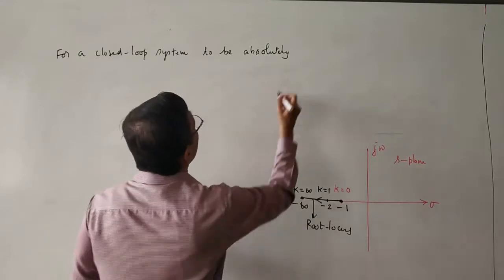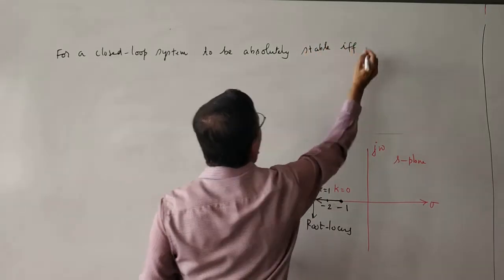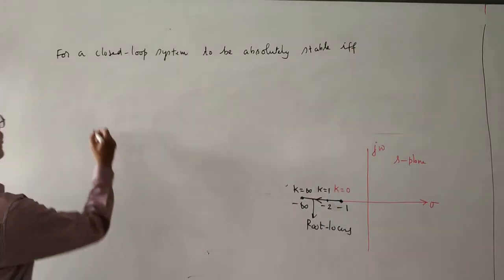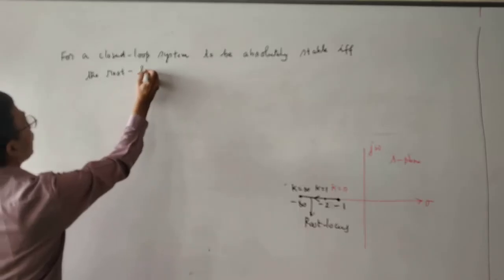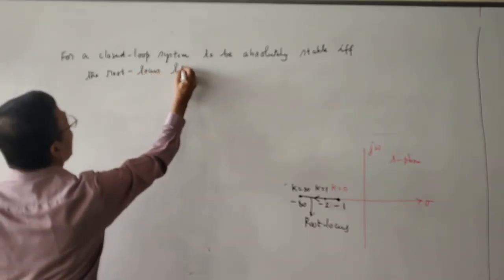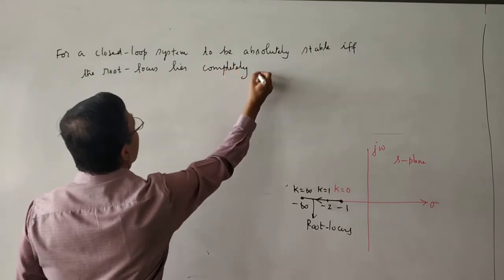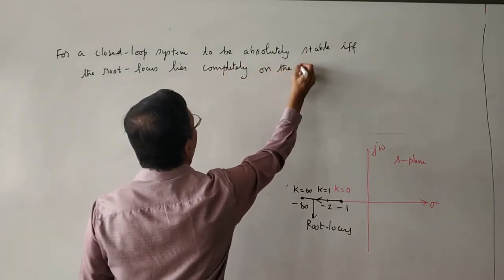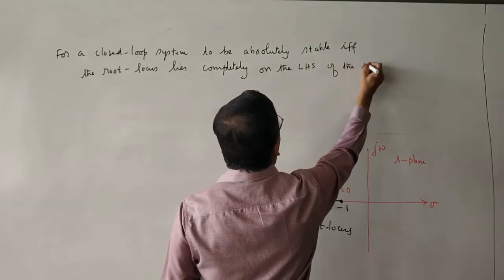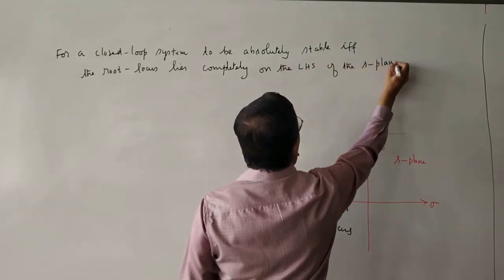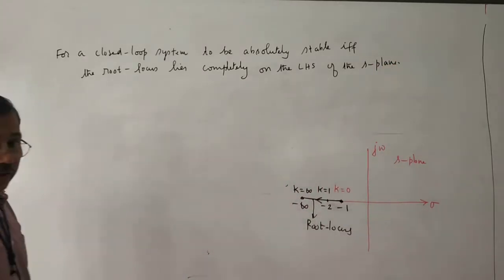Absolutely stable, IFF, which means if and only if, the root locus lies completely on the left hand side of the S-plane. In the present example that I have shown here, system is absolutely stable.